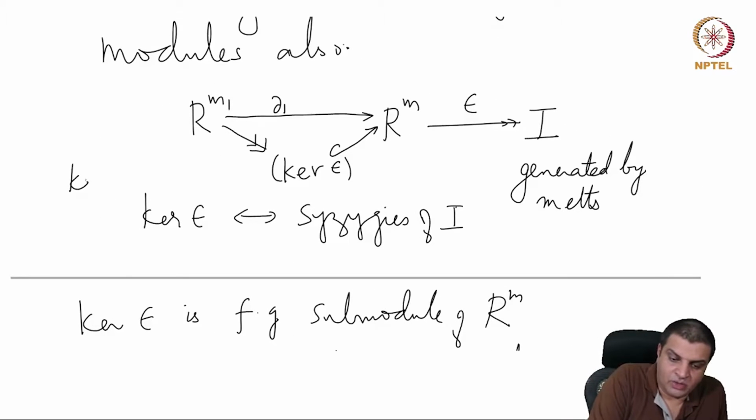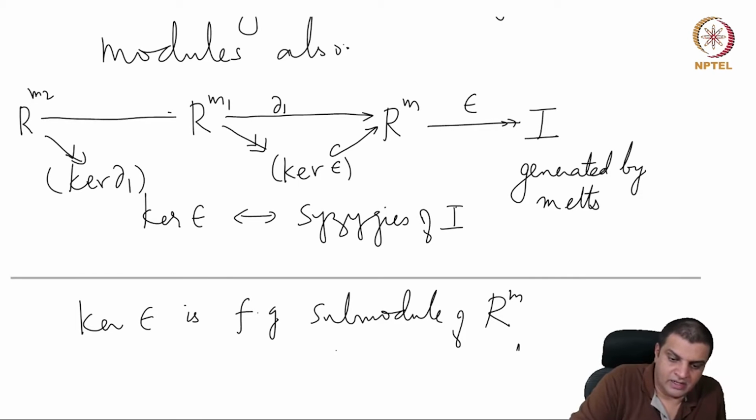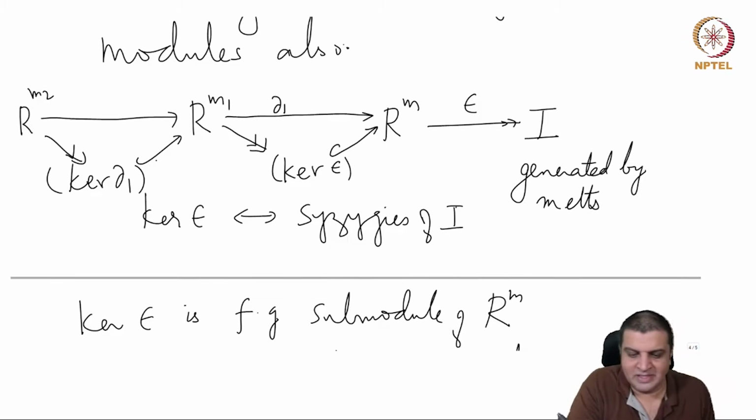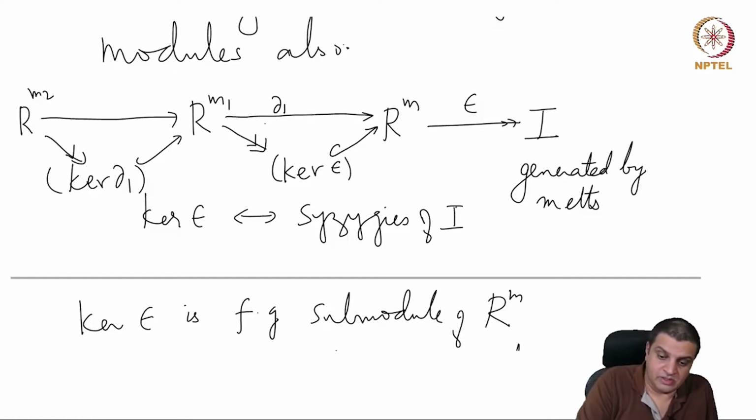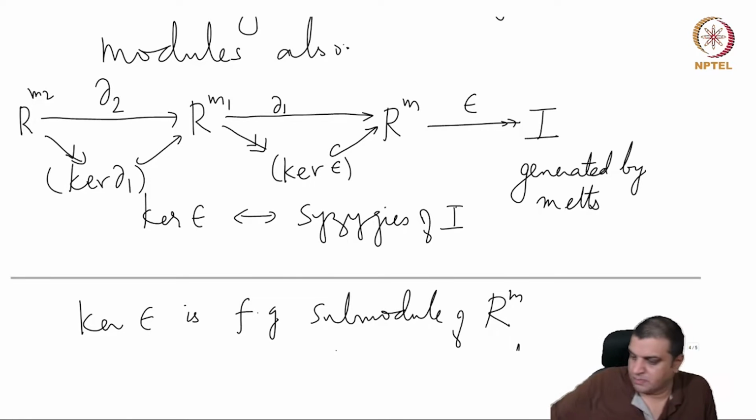Therefore we can now consider the kernel of partial 1, and then some Rm2 surjecting onto this. So we are getting a presentation matrix for the kernel of epsilon using this map, not just some map, because we are using this map in constructing it. We are looking at the kernel of either of these maps, partial 1 or the surjective map onto the kernel of epsilon, to get a presentation matrix here, and let's call this partial 2. And this we can repeat.